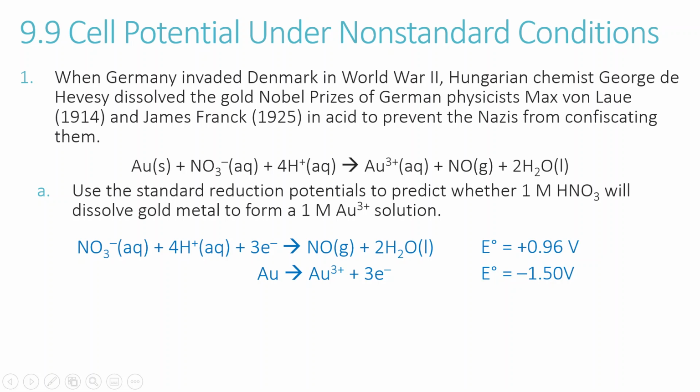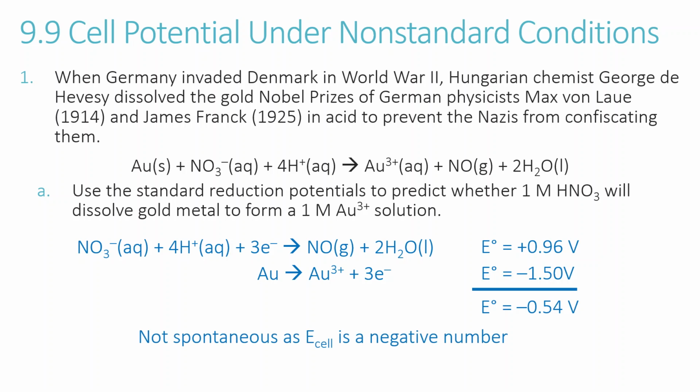When we combine our half reactions, we get a negative voltage. And we discussed how when you have a negative voltage, that reaction would be non-spontaneous. So based on this, we predict that the gold metal is not going to dissolve in 1 molar nitric acid.